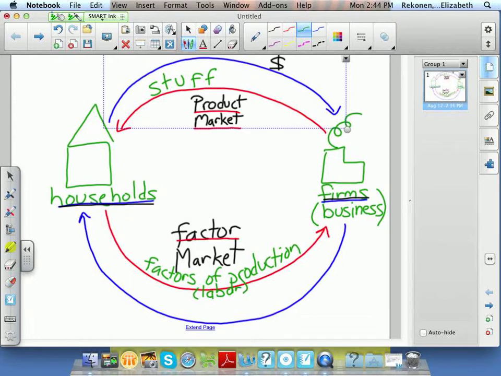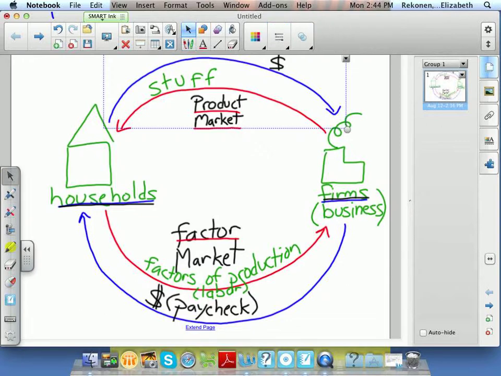In return for the labor we provide to the businesses, they have to give us money. And that money we usually refer to as our paycheck. So we work for them and they pay us for that work.